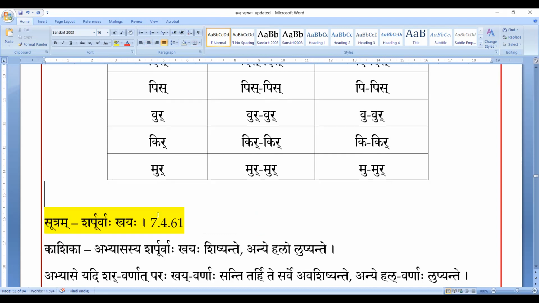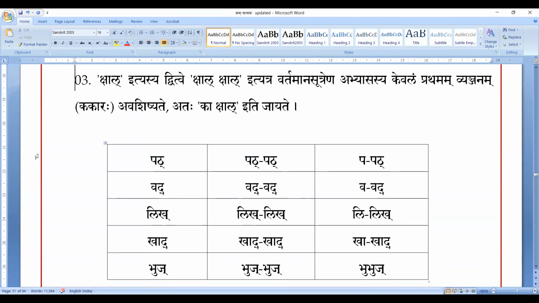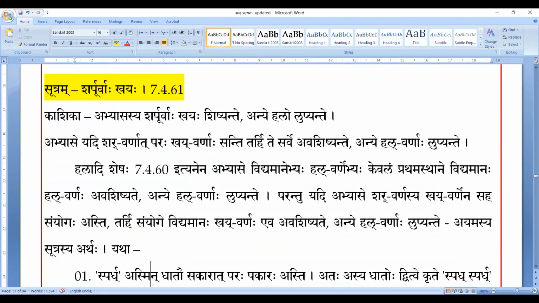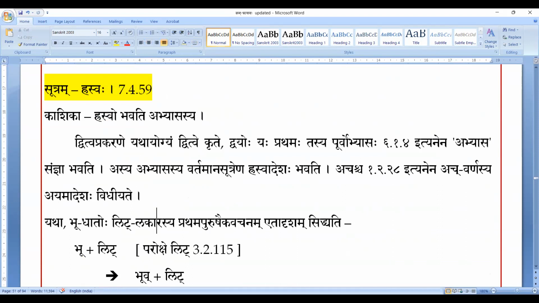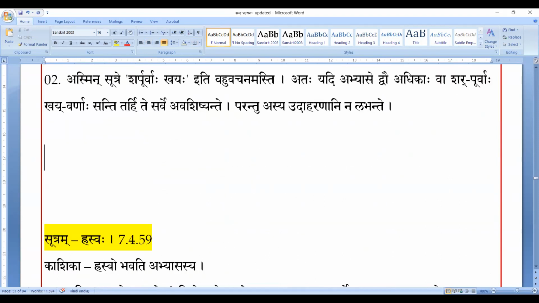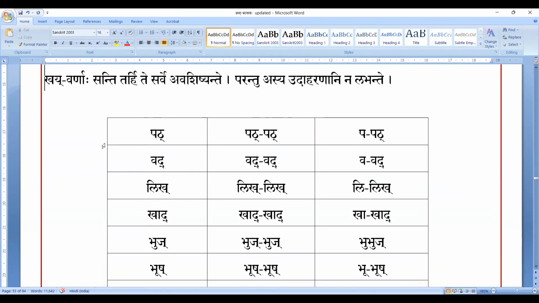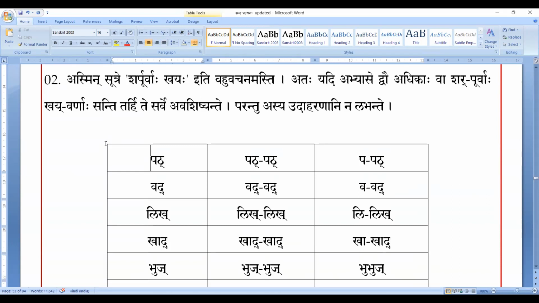This is aladisheshaha. Similarly, sharpurvaga khayaha. Aladisheshaha is a simple one. Sharpurvaga khayaha, that also you'll see examples for that. We have not seen examples for abhyasakarya; we have just seen one or two. So here we will see more. We know what sharpurvaga khayaha does: shar purvaha, the khay letter remains.